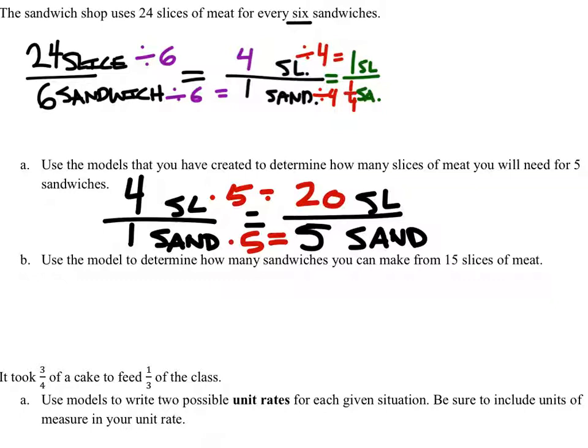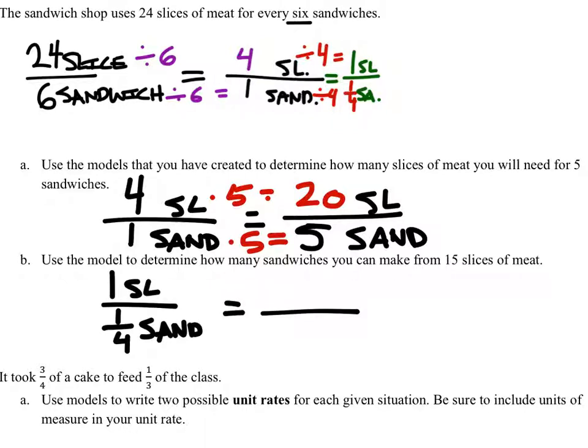Now B, though, is asking how many sandwiches can we make with 15 slices. So we're going to have to use that other unit rate because we have 1 slice in that. We're going to compare this to 15 slices. And we'll figure out how many sandwiches. Now again, it doesn't matter if you use the decimal or the fraction on these.